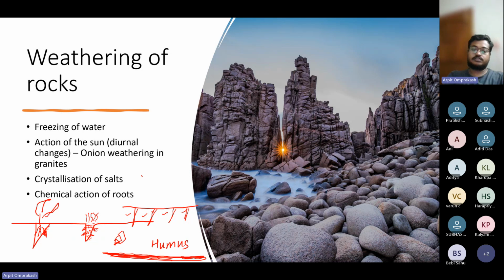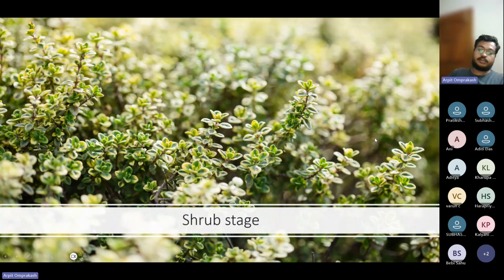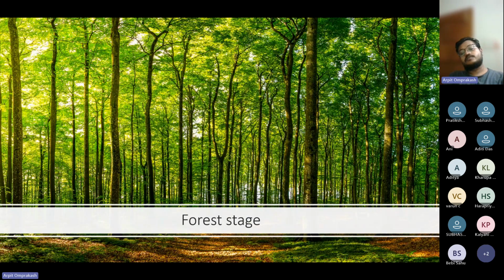And then these give way to various herbs. And then these herbs give way to shrubs, and these eventually give way for forests to develop. So this process by which the community is changing, and the different organisms that are found at different stages of time along this same area, is called ecological succession.